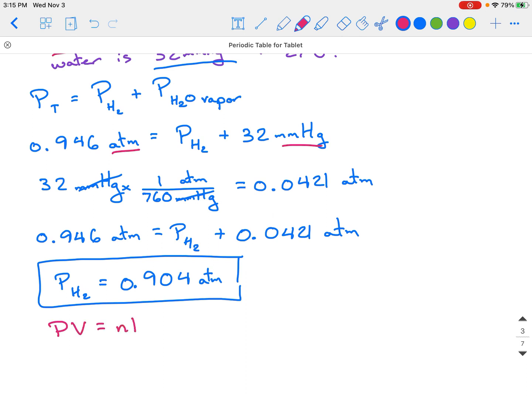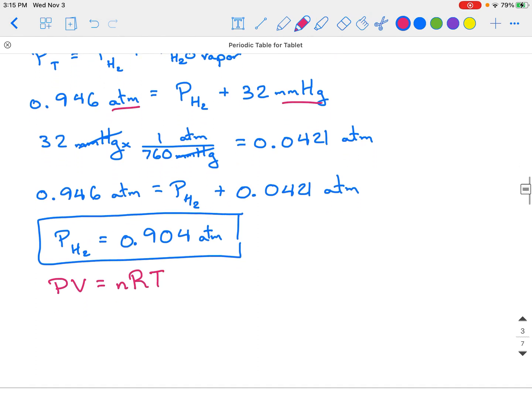So we can use PV equals nRT and solve for moles. If I rearrange this equation to solve for moles, I'm going to divide by RT on both sides. This gives me n equals PV over RT.